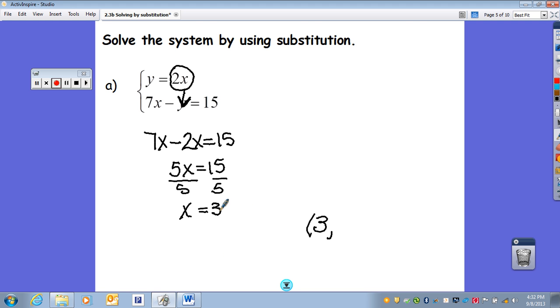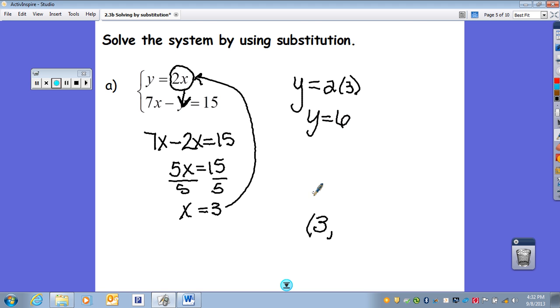To find the y value, we simply substitute the 3 into our first equation. So y equals 2 times 3. In other words, y is equal to 6. That is the point of intersection on the coordinate plane that is the solution to our system. It would be where the two lines cross.